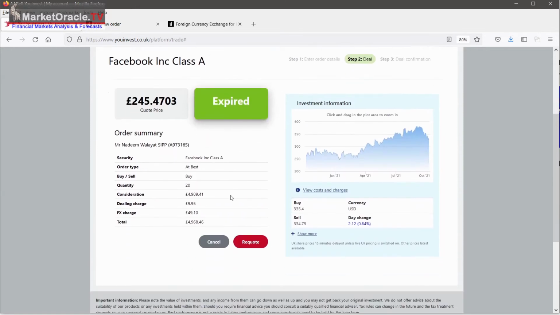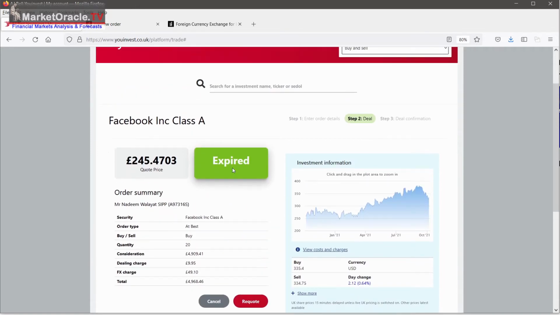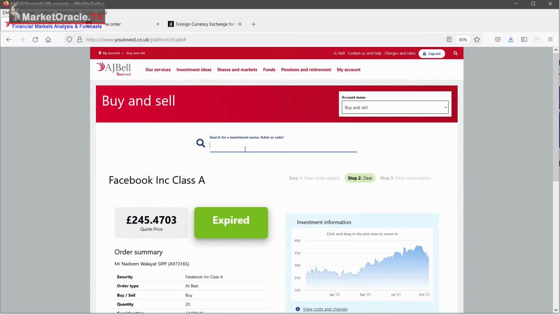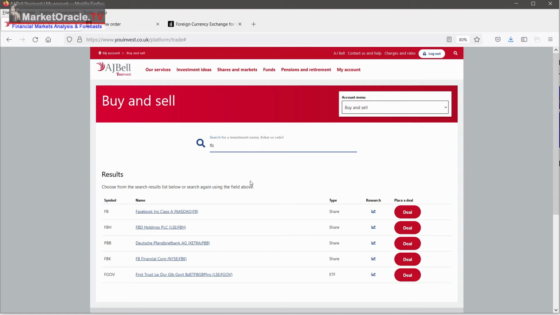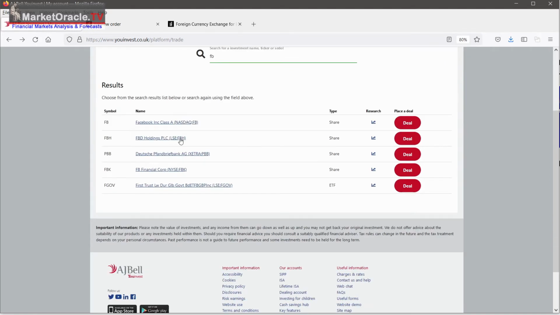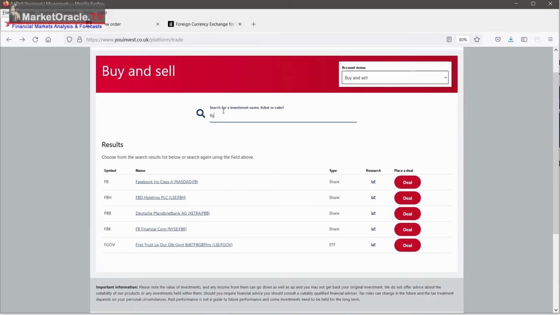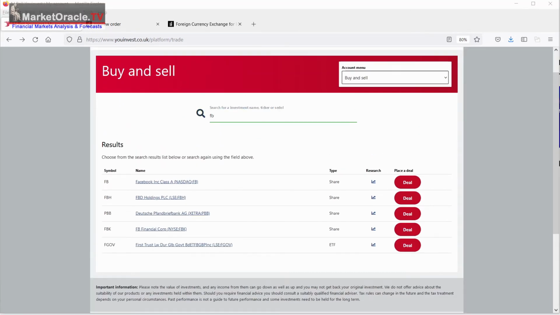And why you don't allow limit orders on US stocks listed on London, let's see what the price is for Facebook listed in London. Wait, let's get an updated quote first. Oh, it's gone now, isn't it? Can I go back? No, I can't.